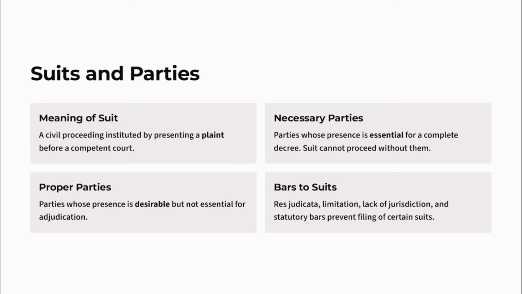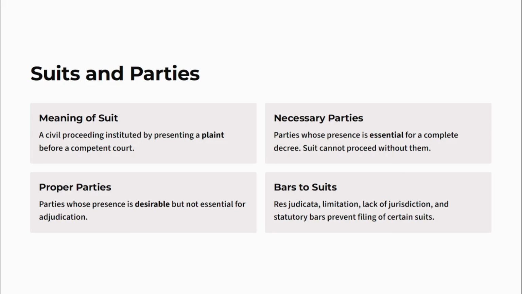Suits and parties. A suit simply means a civil case. It starts when someone files a plaint, that is a written complaint in court. There are two kinds of parties in a case. One is the necessary party, another is the proper party.